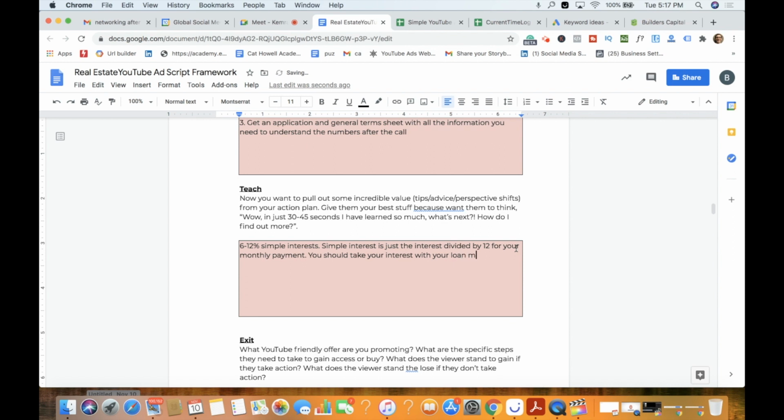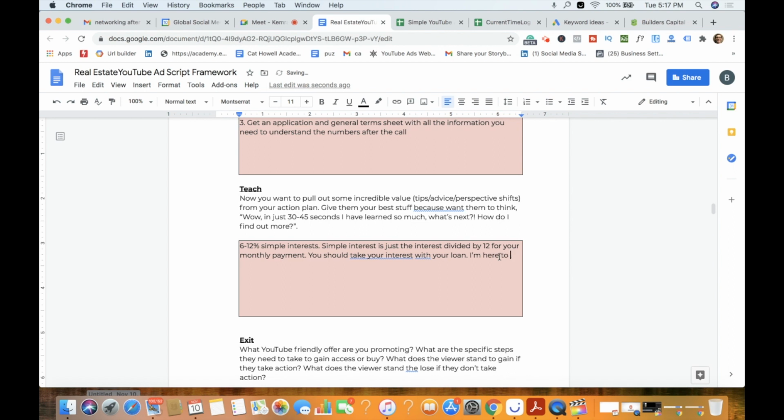You'll know this section better than I do. This is good for me, because if I don't know what this is, that should tell you it is a really good thing to teach people in a 15-30 second segment. Right. So something around simple interest is what I would teach them. Simple interest is just interest divided by 12. You should take your interest with your loan.